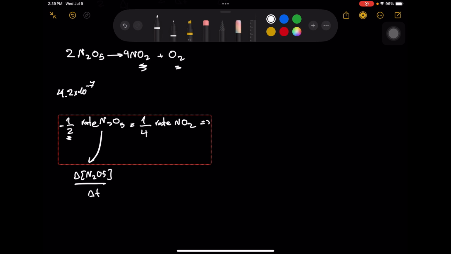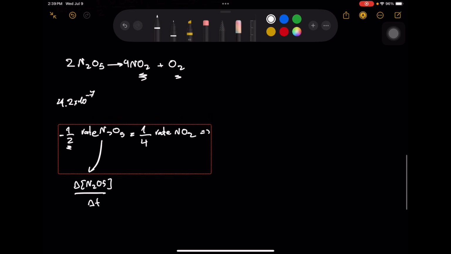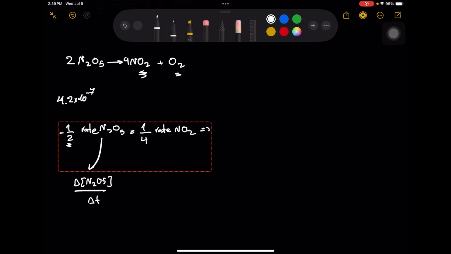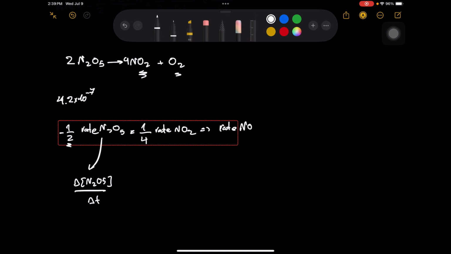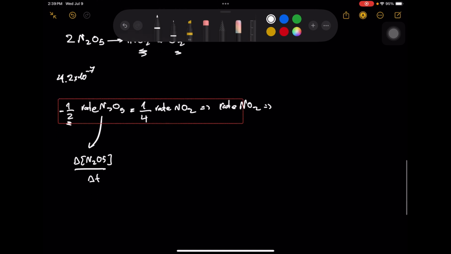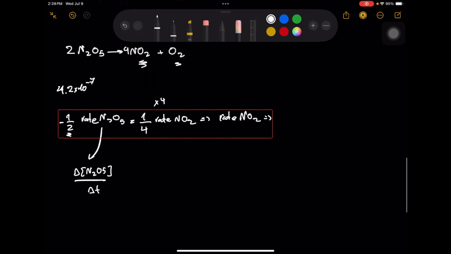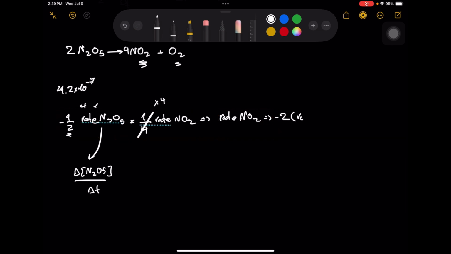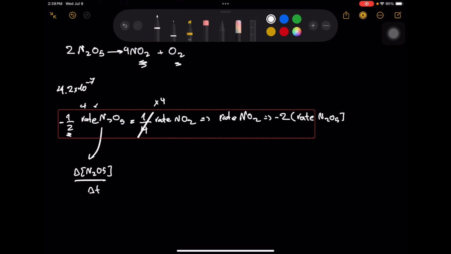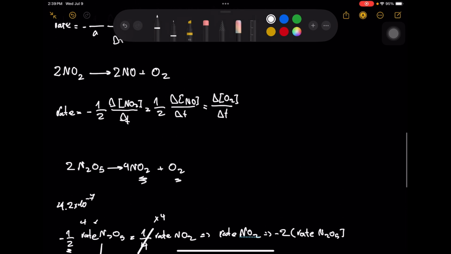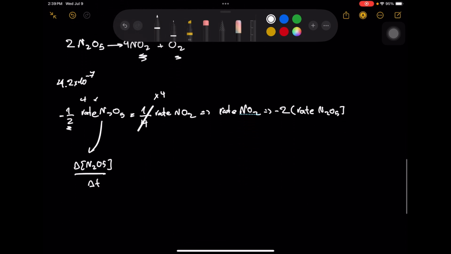To simplify it, we just multiply by 4 to get rid of this coefficient. Multiplying by 4 would give -2 times the rate of N2O5.